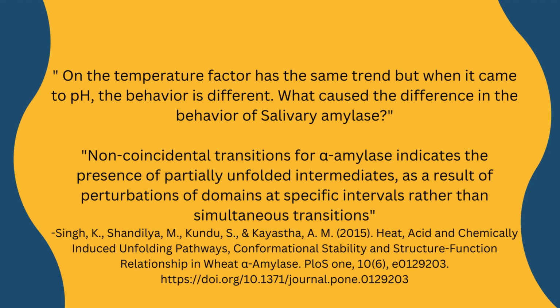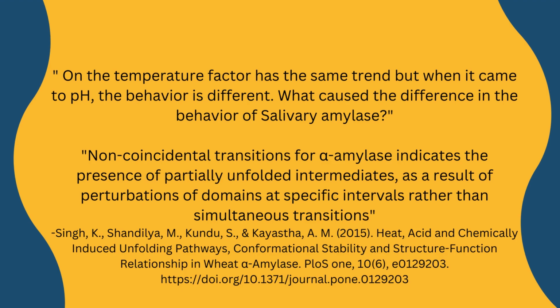This suggests that there are certain domains in the enzyme that are relatively less stable, facilitating the formation of another state. In fact, this observation is similar to the findings of Singh and colleagues, where they found that a partially unfolded intermediate state was formed upon acid denaturation of alpha amylase.